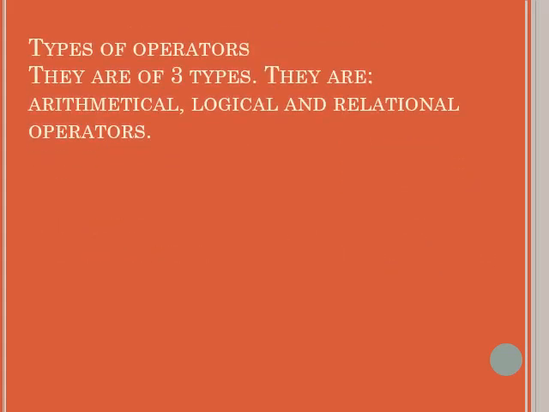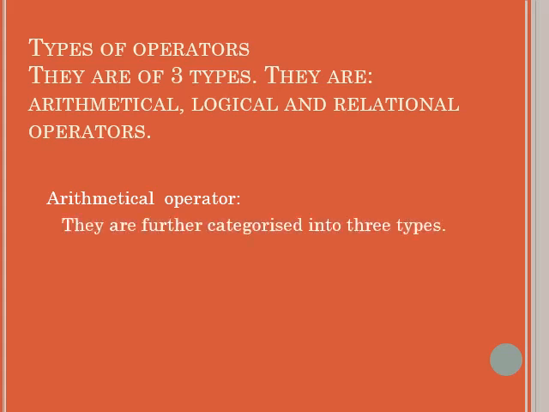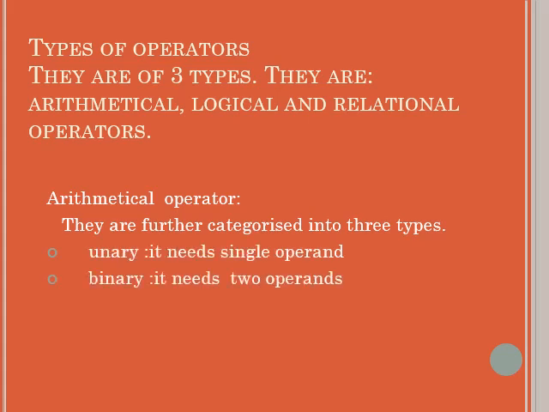There are three types of operators in Java. They are arithmetic, logical and relational operators. Here we have the arithmetic operator. First of all, arithmetic operators are basically used for doing calculations. They are further categorized into three types: number 1 unary, number 2 binary, number 3 ternary.